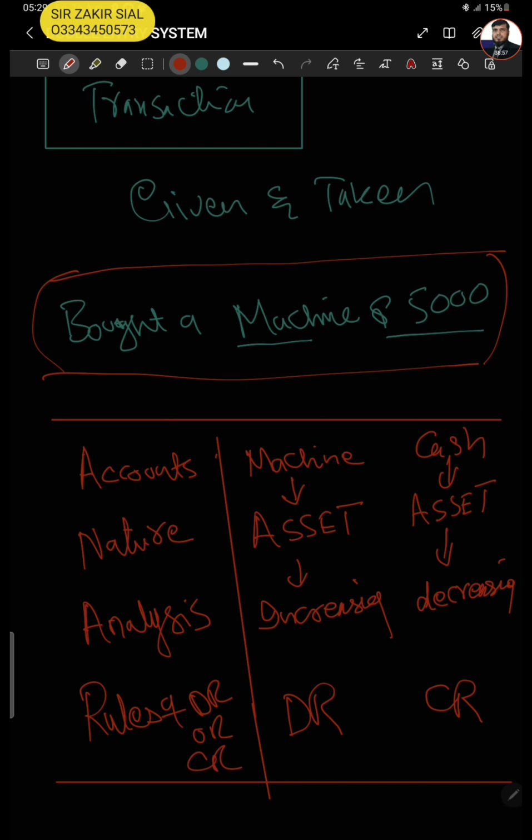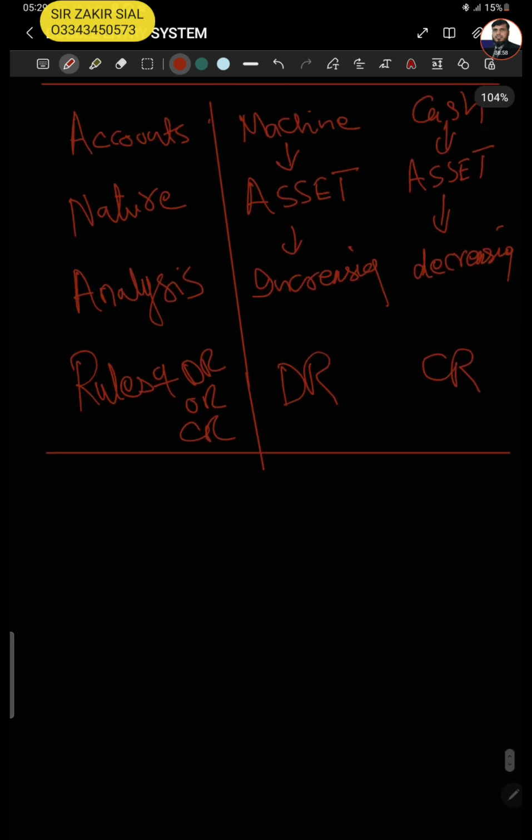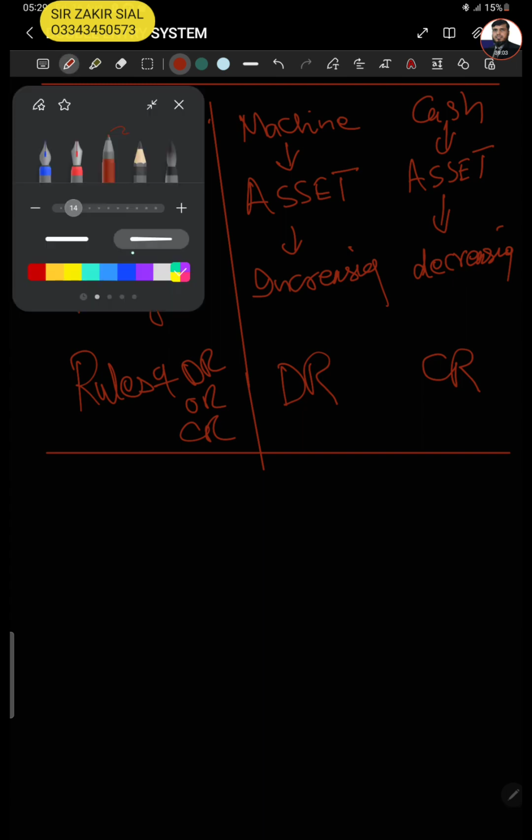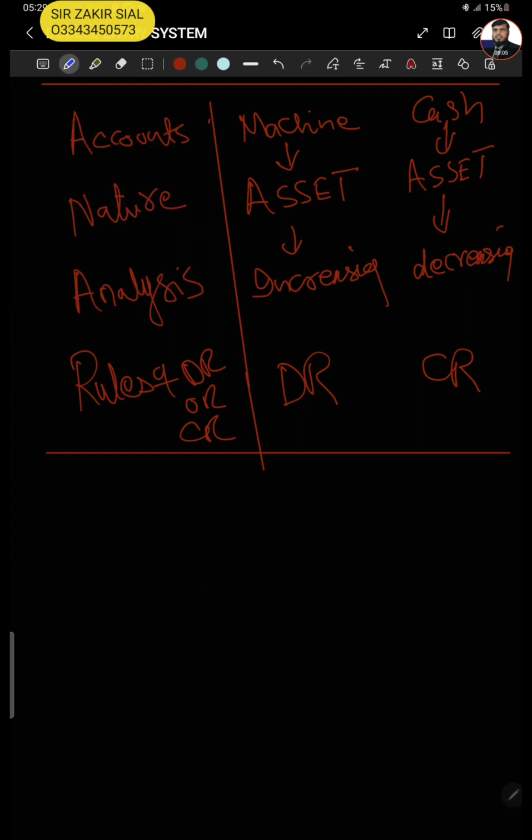This means when we are preparing a journal, in the general journal, this is the first book in which transactions are recorded.